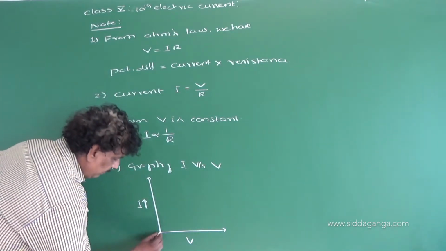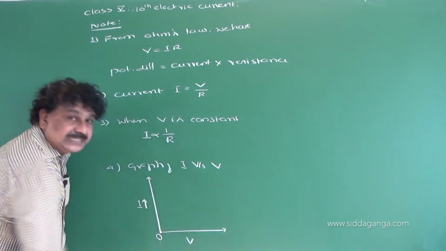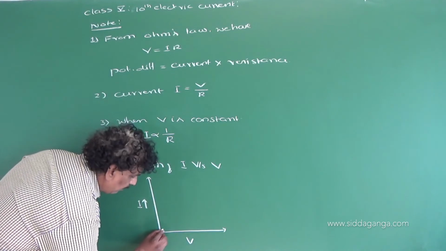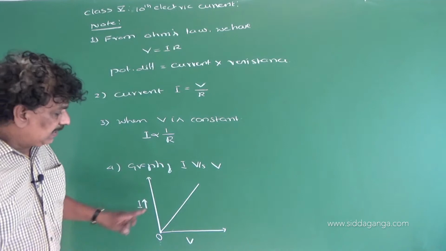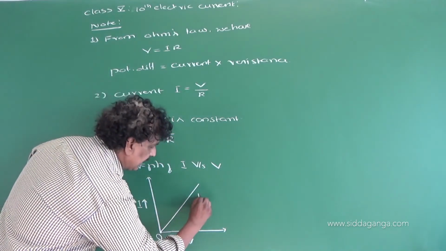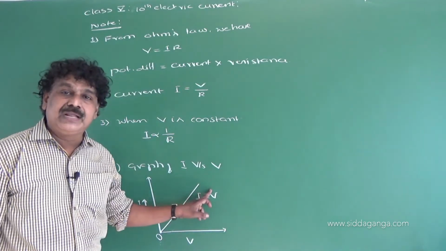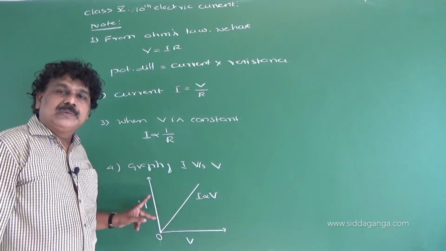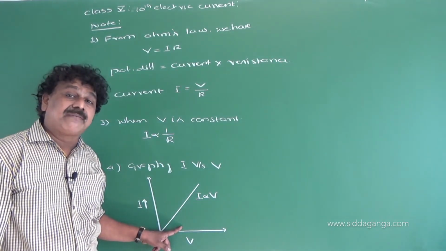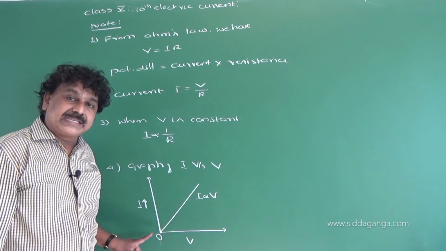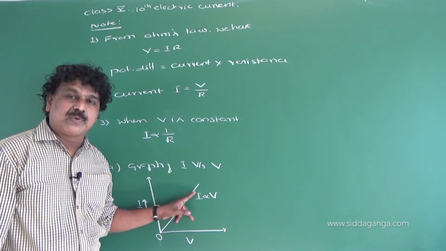Here for voltage 0, current is 0, so we will obtain a straight line like this. This indicates the current is directly proportional to V, the potential difference. So the graph of current against potential difference for a conductor is a straight line passing through the origin, indicating I is directly proportional to V.